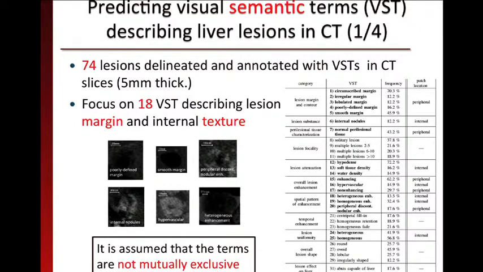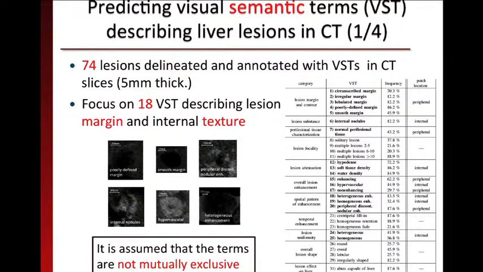So to assess this task, we have a data set of 74 lesions that are delineated and annotated with semantic terms in CT. So we have a big set of semantic terms. For instance, we have terms describing the margin, terms describing the inner texture, and also terms describing the overall lesion shape.